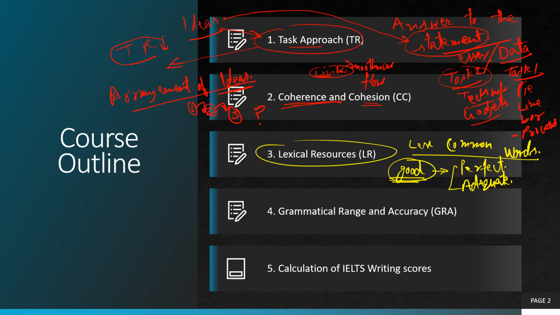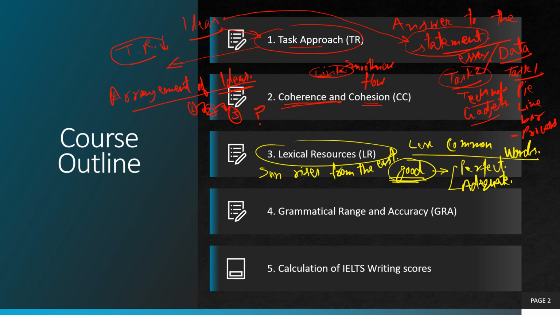Okay, but lexical resources means you are going to use less common words but with their correct meaning. Do not use words in such a way that it can give a negative or inappropriate narration to a sentence. For example, if we are writing that the sun rises from the east, this is one sentence.